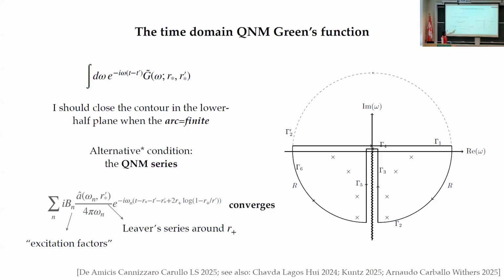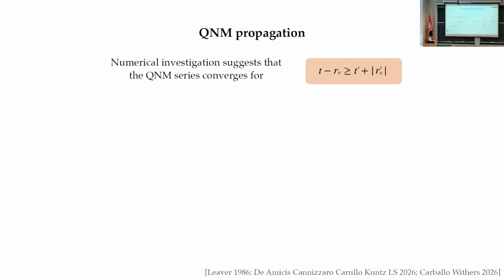And then this is instead the exponential part of Leaver's solution. Okay, so some parts of the series are well understood analytically. For example, the behavior at large n of the excitation factors is known, and also of the frequency.